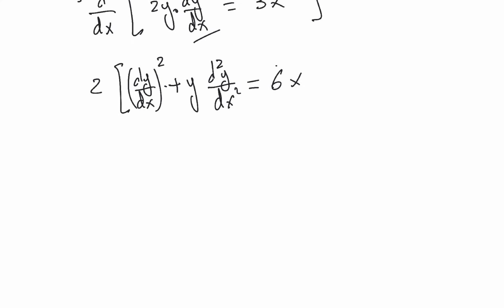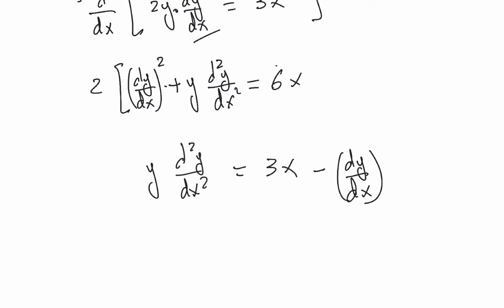So I have that the second derivative of y with respect to x squared multiplied by y is 6 divided by 2, which is 3x, minus the first derivative of y with respect to x, squared.